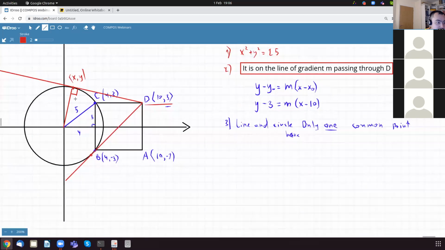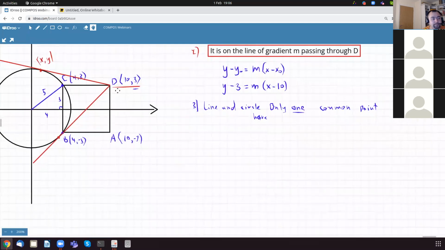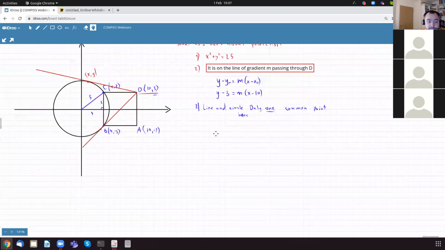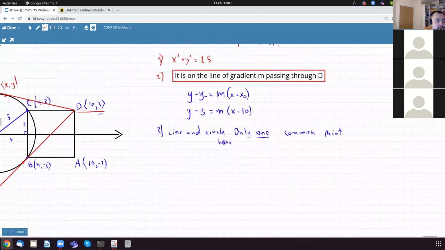I could use that fact, but I'm going to go a slightly longer way. Because they have only one common point, the equation that I write has only one solution. And if the equation has one solution, that means that the discriminant is 0.